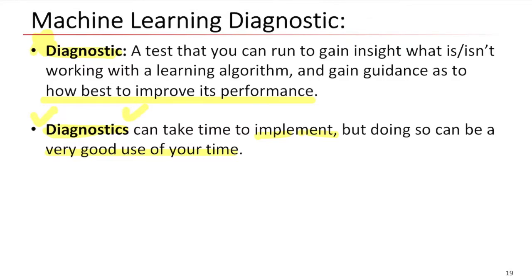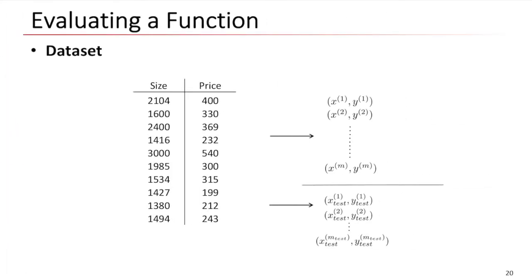Okay. So today we're going to talk about what machine learning diagnostics are. Before that, let's see an example first. Let's say we have training data like the size of a house and the price of a house. Let's say this is xn, this is yn, right? So this is an example of a linear regression problem.